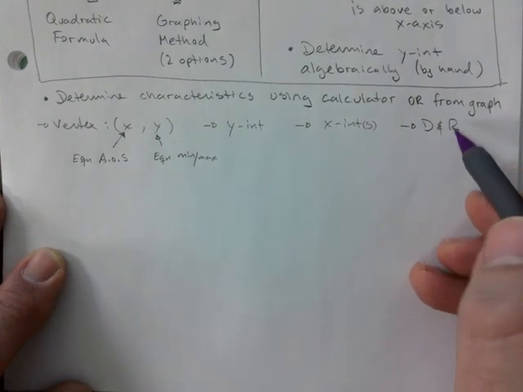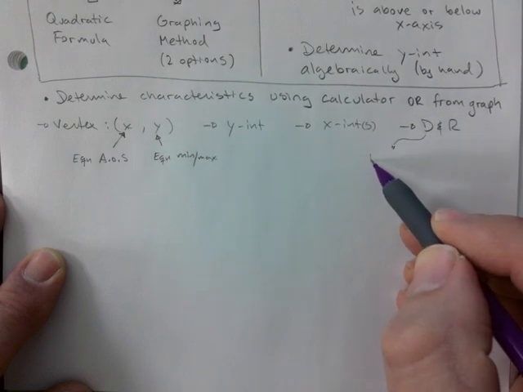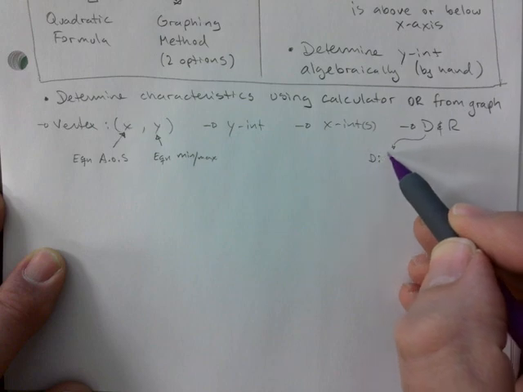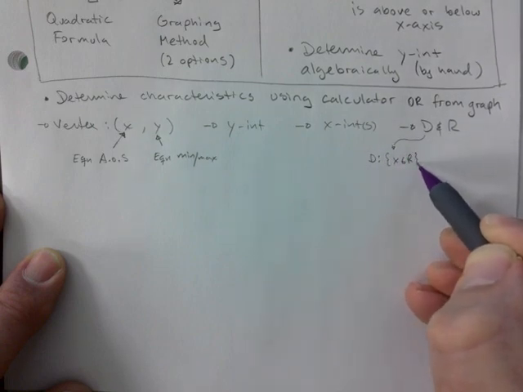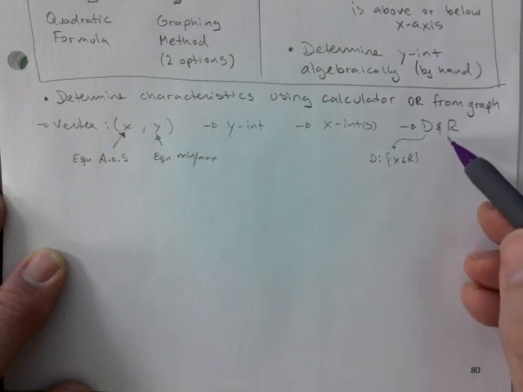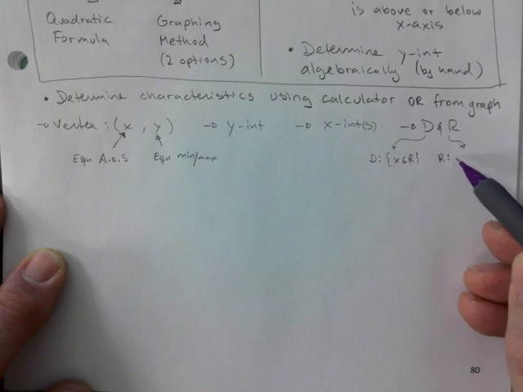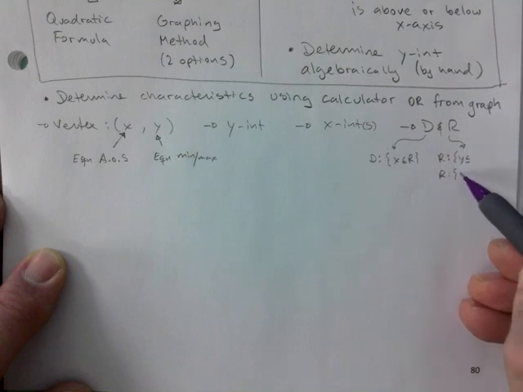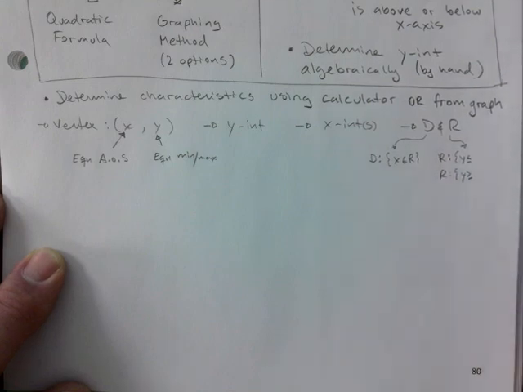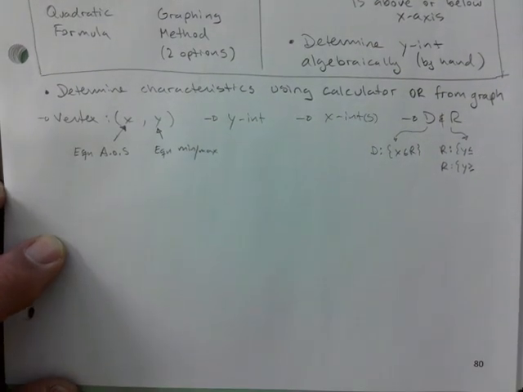And look here at the side for domain and range. I'm just going to say for the domain, if it's not a word problem, we're talking all real numbers because it opens up indefinitely. And for range, it could be either y is less than or equal to, or y is greater than or equal to.